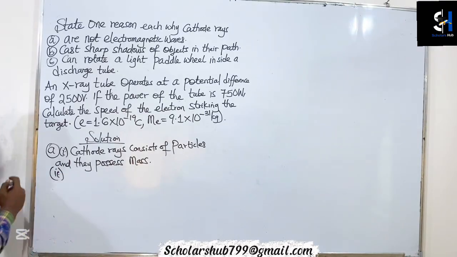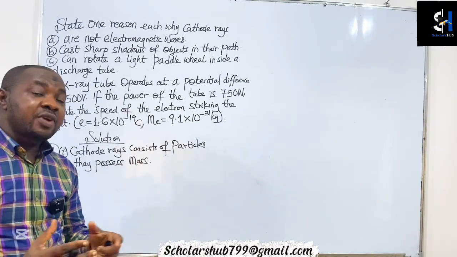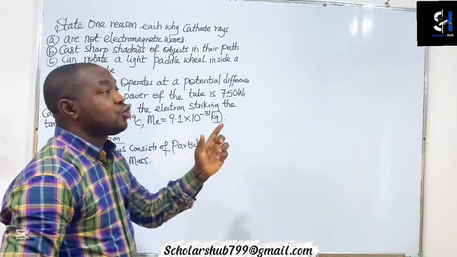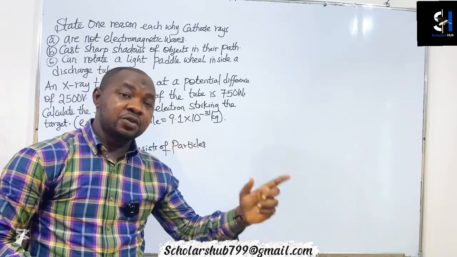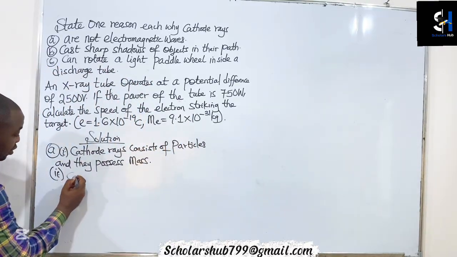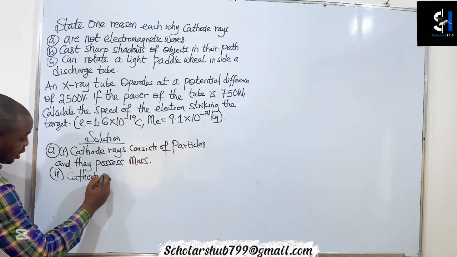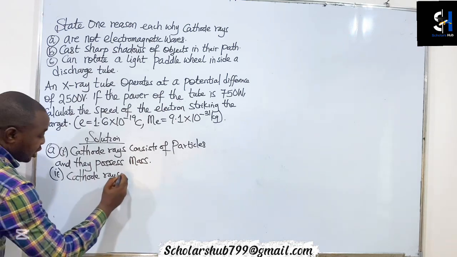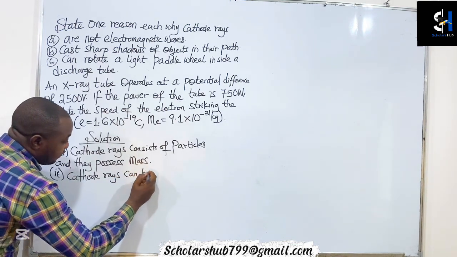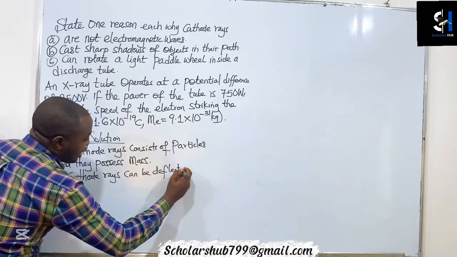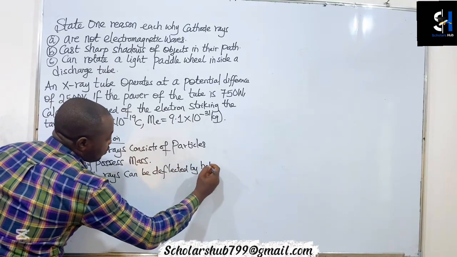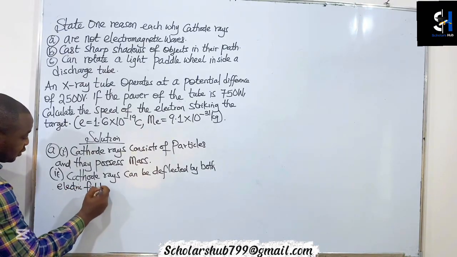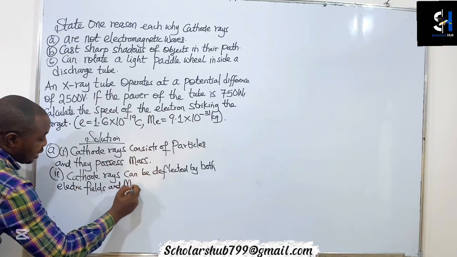Another reason is that electromagnetic waves cannot be deflected by both electric field and magnetic field. But cathode rays can be deflected by both electric field and magnetic field. So another reason why cathode rays are not electromagnetic waves is because cathode rays can be deflected by both electric field and magnetic field.